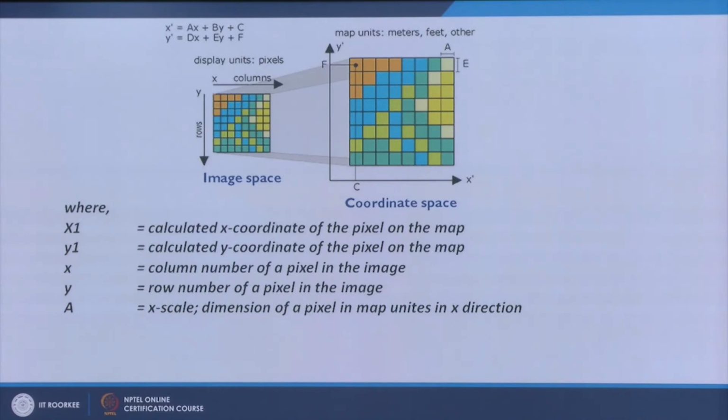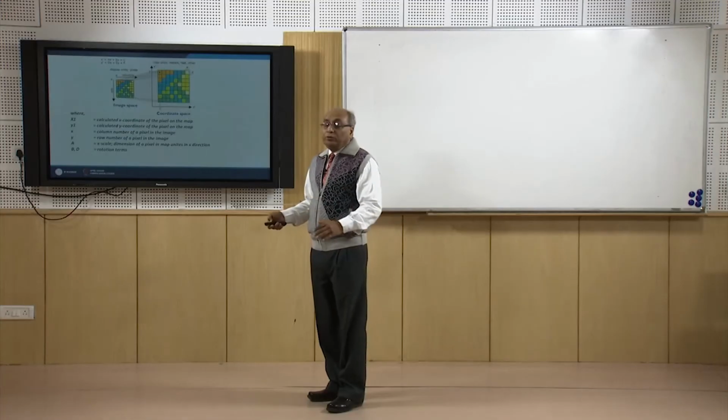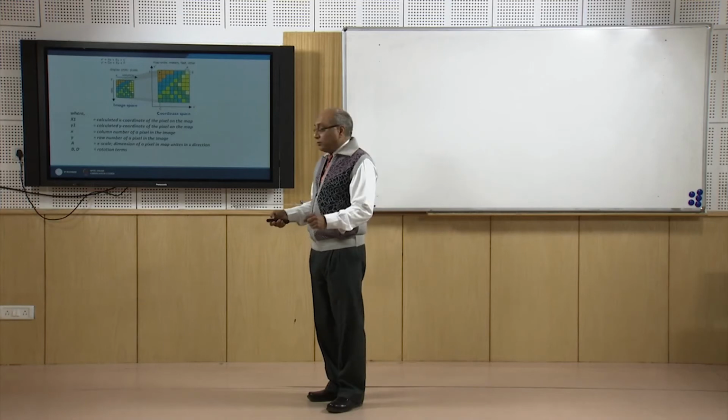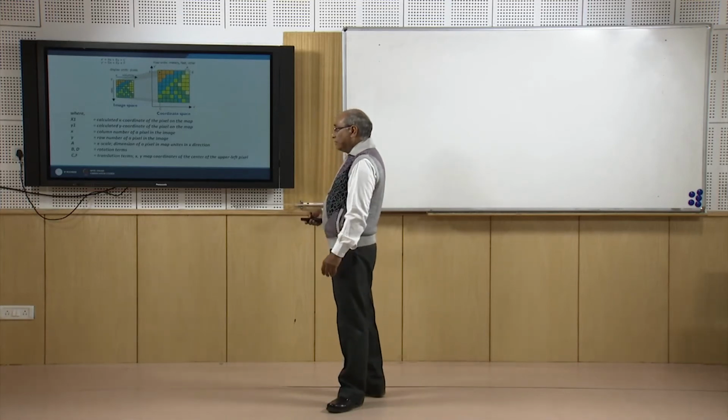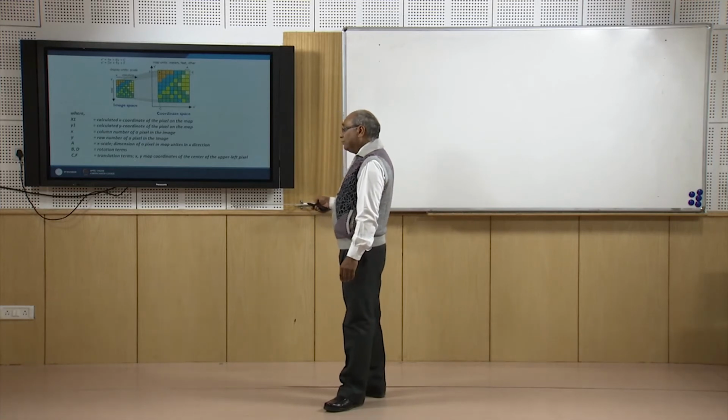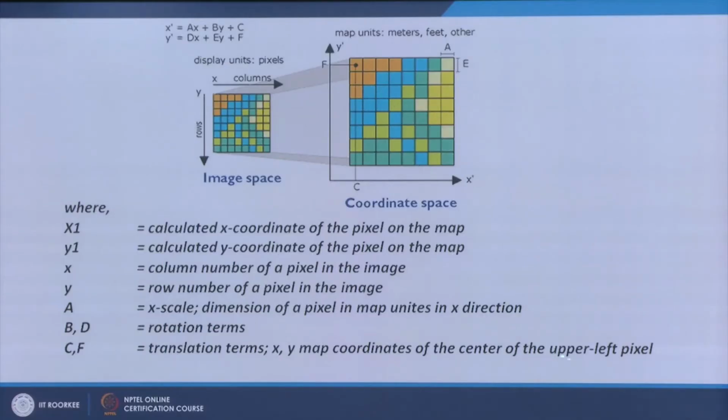Then I need B and D, the rotation terms, because the second order polynomial also allows you to rotate the image, not only change the scale and transform from the geometric domain to the geographic. Then C and F are the translation terms, that is, the x and y map coordinates of the center of the upper left pixel.